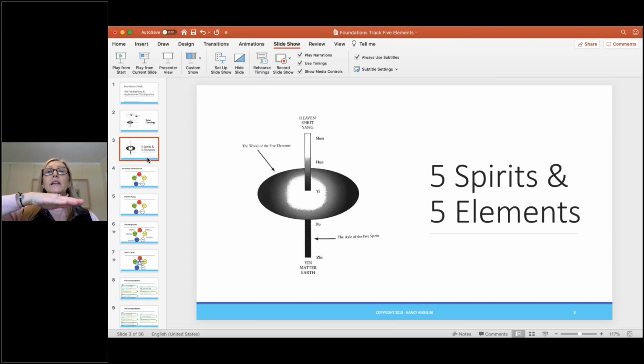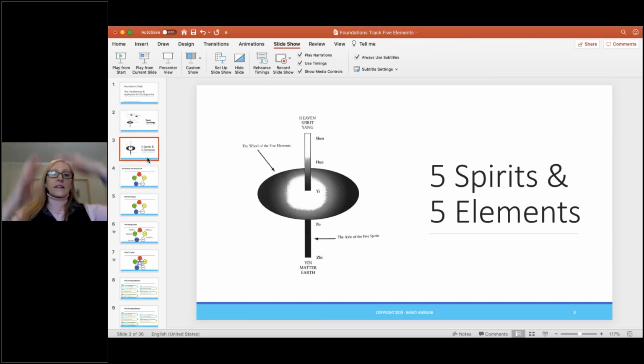We'll really get into that part, but I do want to explain this. This is primordial. When we talk about primordial elements, we're talking about the shen, the hun, the yi, the po, and the zhe. These are the primordial elements that will turn into the 5 elements that will turn into the zangfu, the organs, the paired organs.